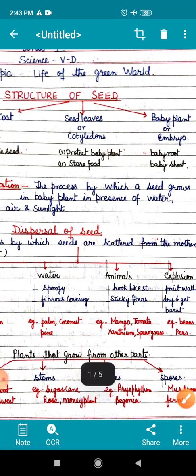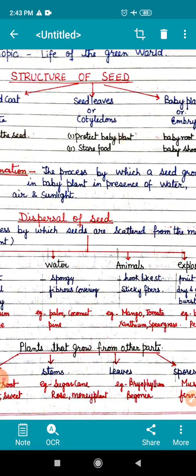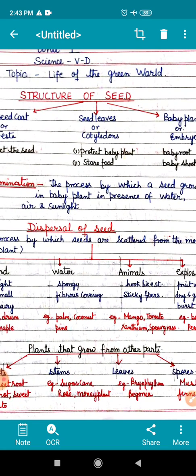let us know what is dispersal. Children, if all the seeds fall in one place under the ground, what will happen? Will they be able to grow? No, because they do not get enough space and sunlight to grow.